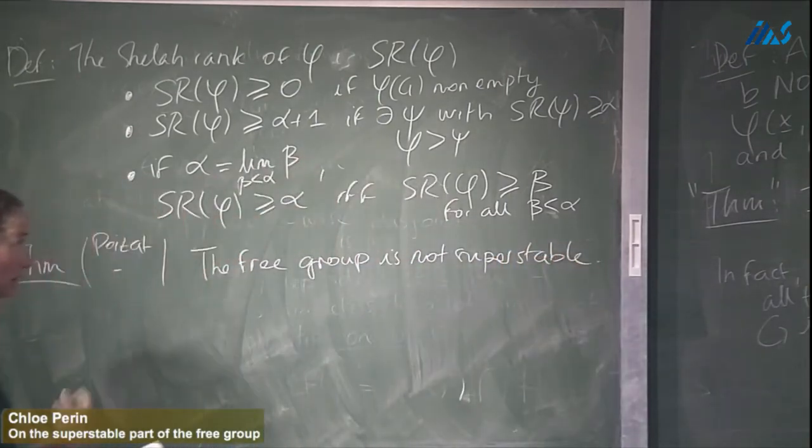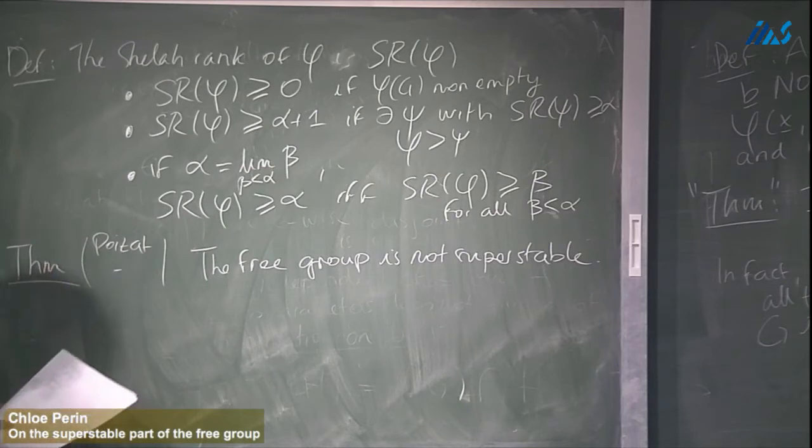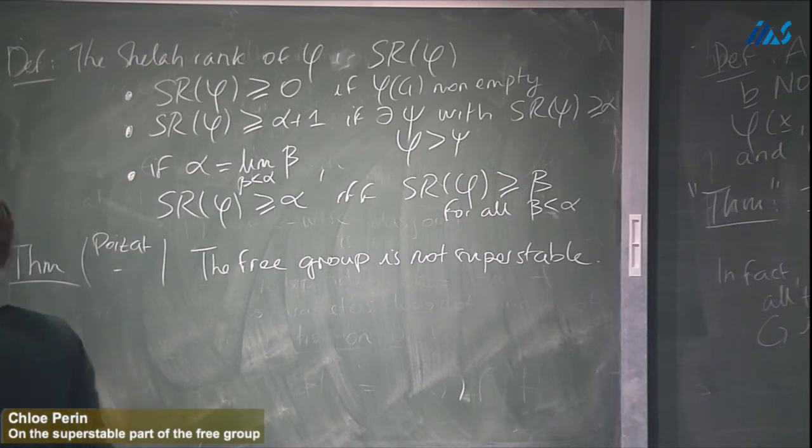In fact, I will give a proof, which is not Poizat's proof. It's really an example of a formula which has an infinite descending chain of formulas like this.